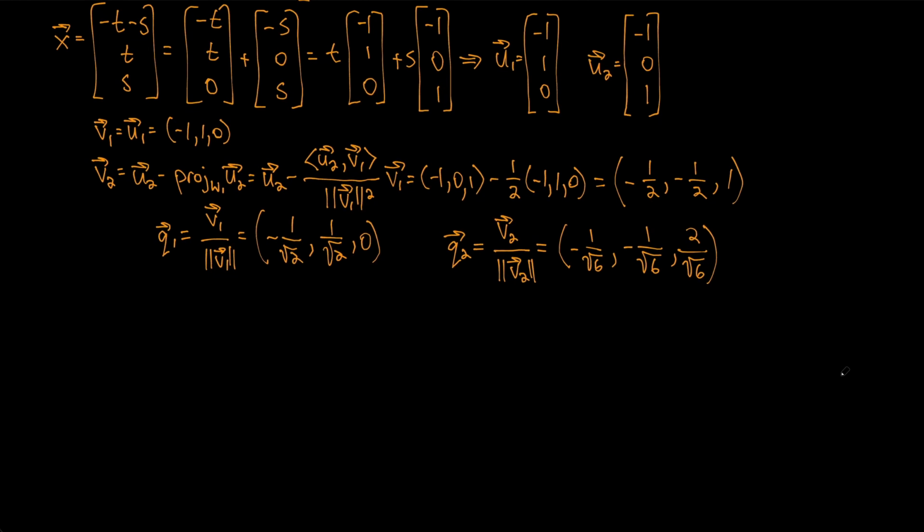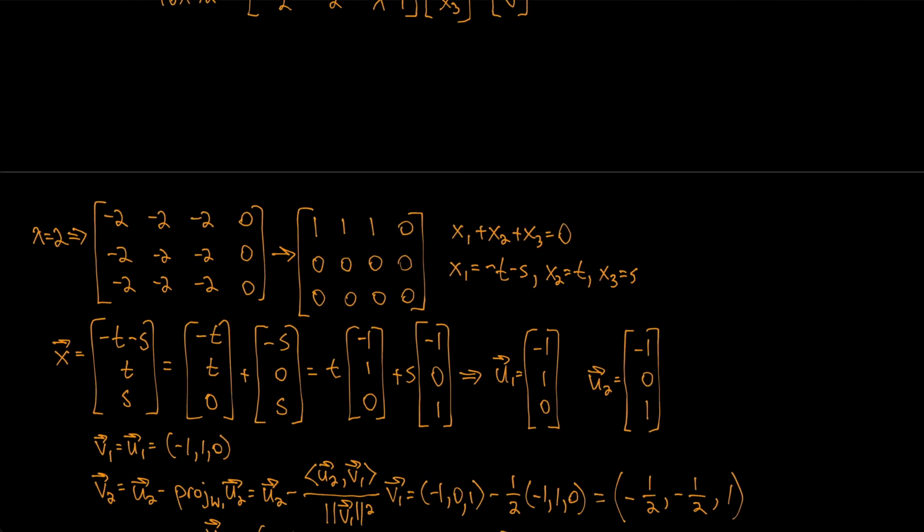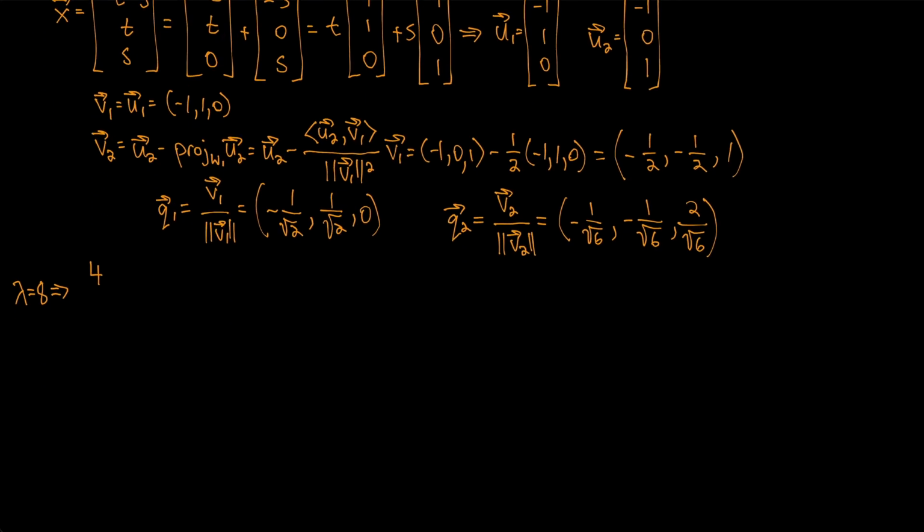Now let's do the same thing for lambda equals 8. So it's quite a process. If we plug in lambda equals 8 into here, 8 minus 4 gives me 4, and then I've got the minus 2, 0, minus 2, 4, minus 2, 0, minus 2, 4, 0.